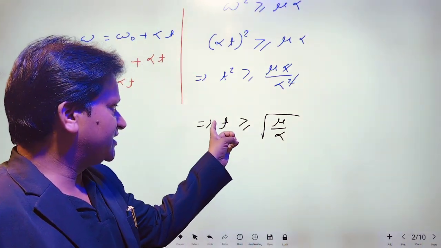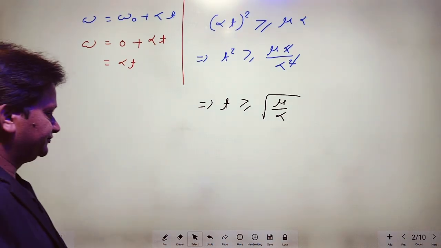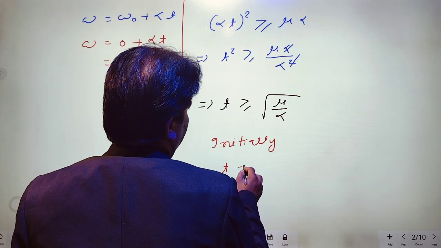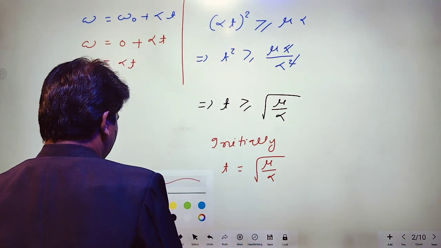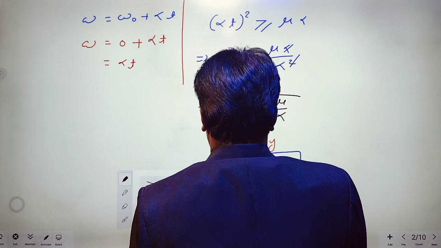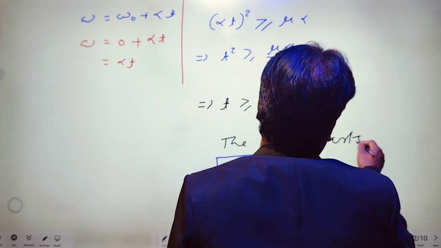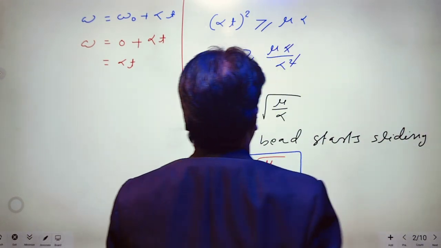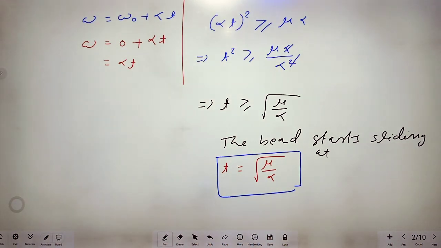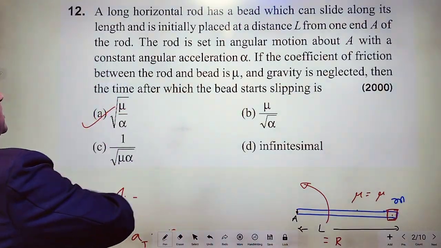If t is greater than or equal to root under mu by alpha, the bead will start sliding. At t equal to root under mu by alpha, the bead starts sliding. Therefore, the correct option is A.